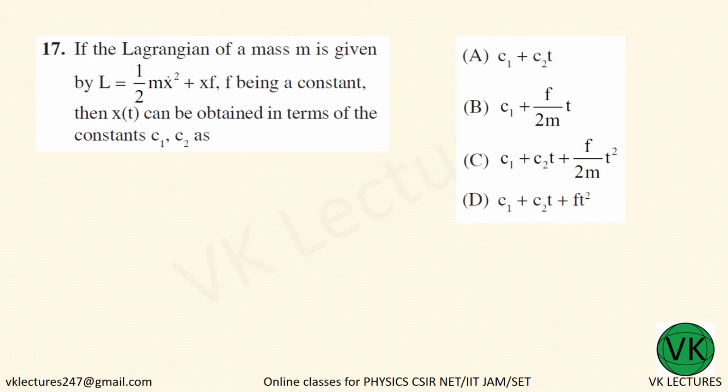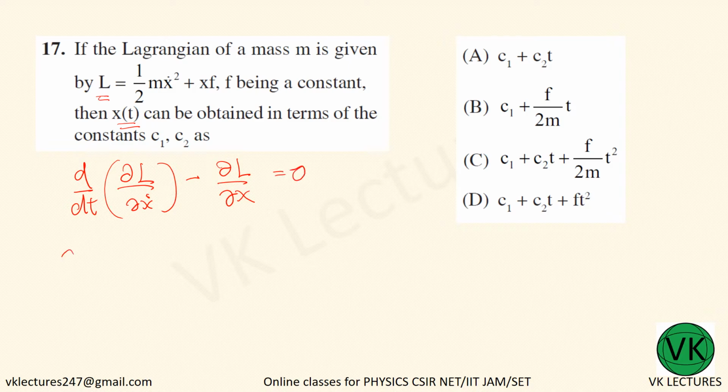If the Lagrangian of a mass m is given, and you are asked to find out x, let us write the Lagrangian equation of motion. Total time derivative of dou L by dou x dot minus dou L by dou x equal to 0.